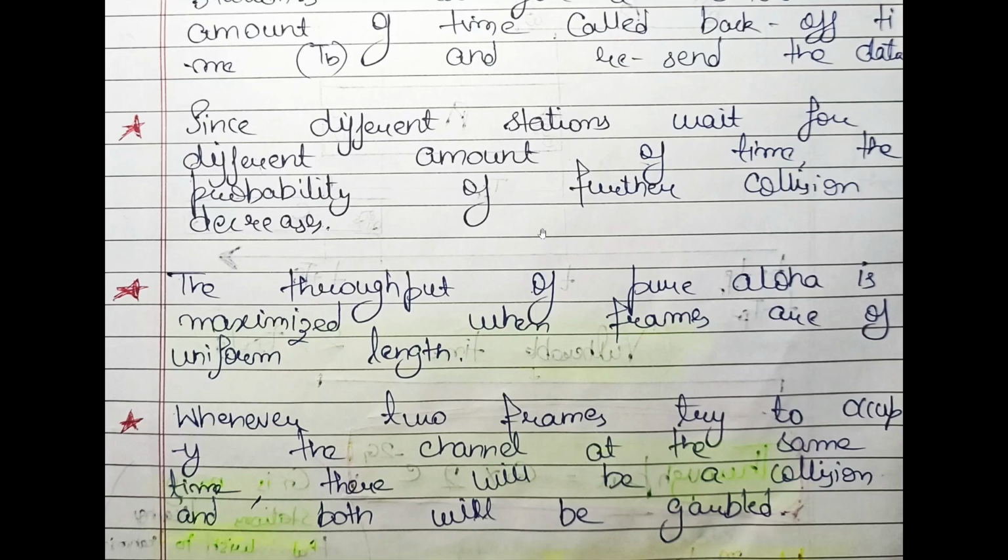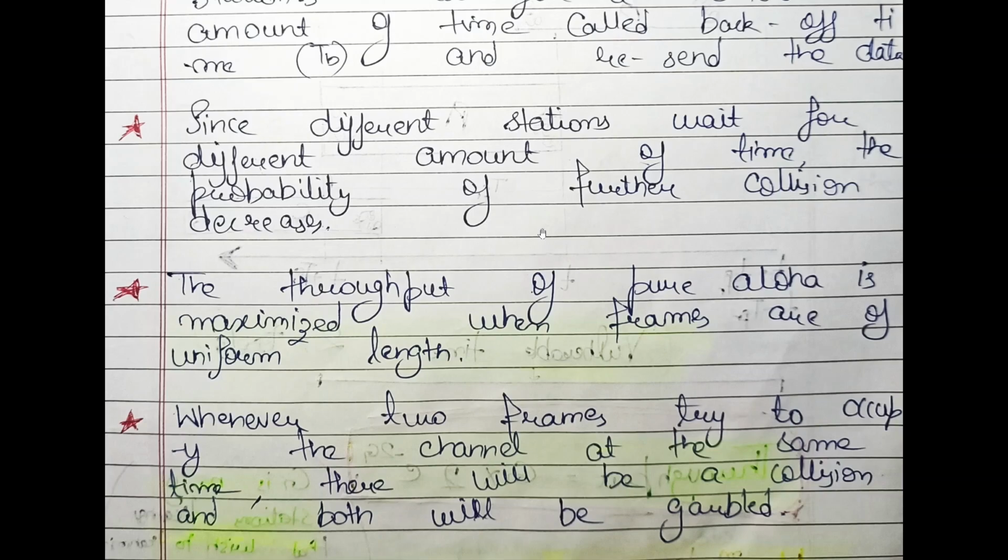Now I sent a frame and suppose there was no collision and everything went well. When I am sending data in another frame, it is also going to be of the same length, and if the other computer is doing the same, the possibility of collision decreases here.